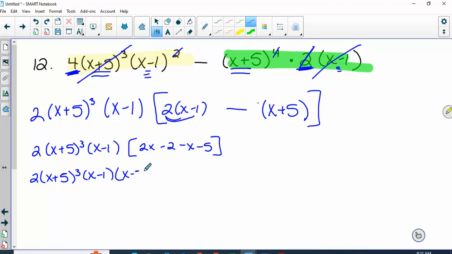Negative 2 minus 5 is negative 7. Lots of fancy algebra, right? Questions? Let's try another one together.